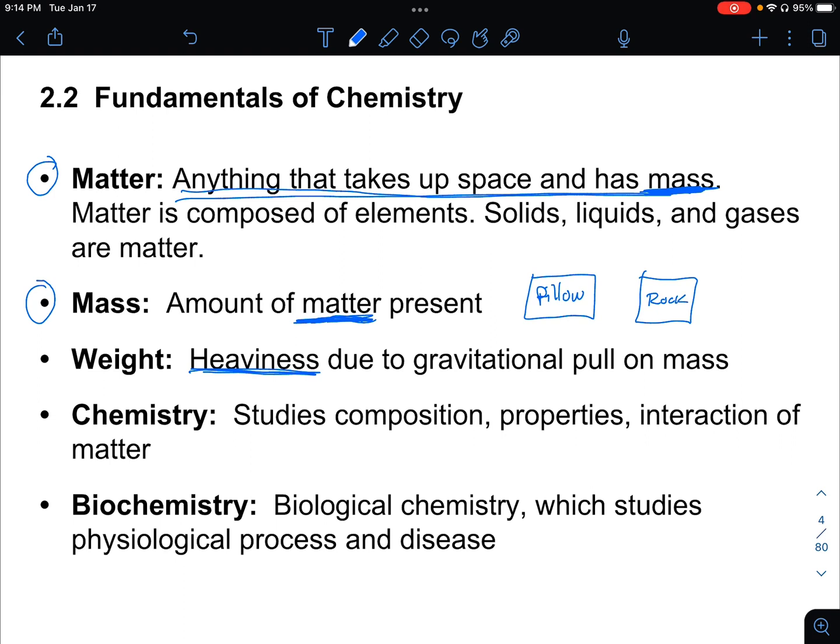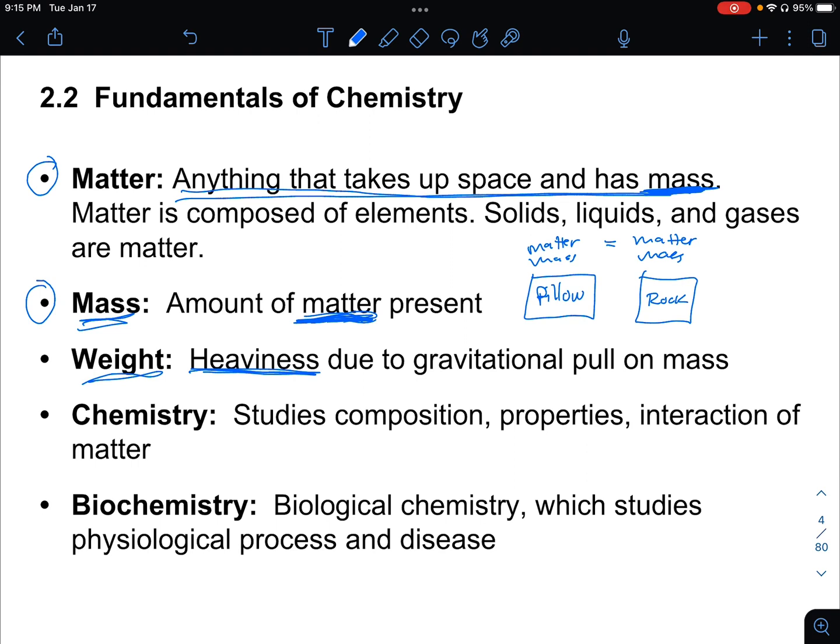Our pillow and our rock have the same amount of matter and the same amount of mass. However, we have different weights here. They have the same size, they have the same amount of matter.